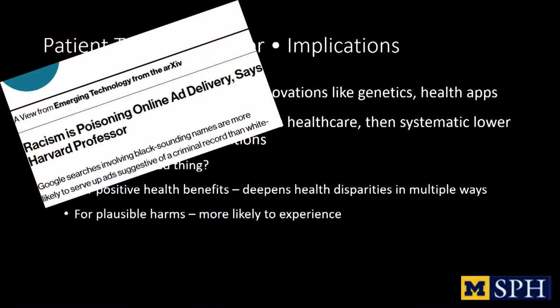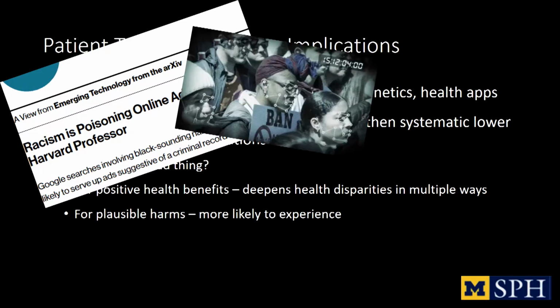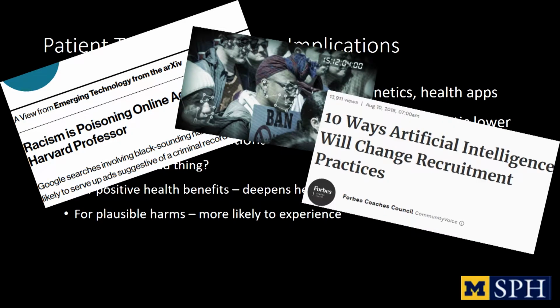So we already see this happening in areas with, for example, online searches for names, resume screening tools, recommendations for sentencing and criminal justice. So groups are categorized and classified based on the behavior of other members of the group that may harm you even if you're not in the data set.